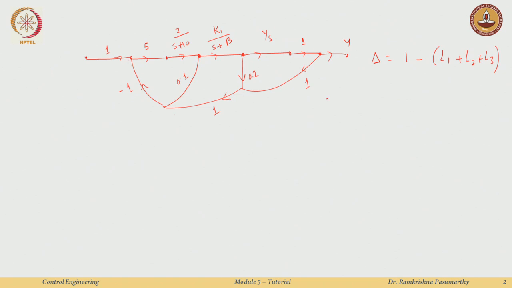Okay. So, the delta turns out to be 1 plus, I just look at this one. So, I have 1 over s plus 10 plus, I look at the other one.